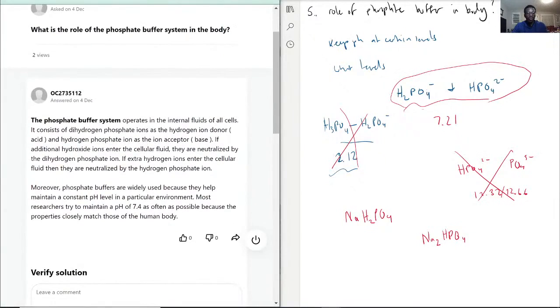Perfect. So with that being said, dihydrogen phosphate ions, awesome, and hydrogen phosphate ion as an ion acceptor. We have our conjugate acid and conjugate base correctly identified to get that pH of around 7.21. Additional hydroxide, or additional base, is neutralized by our acid component, and excess acid is neutralized by our basic component.